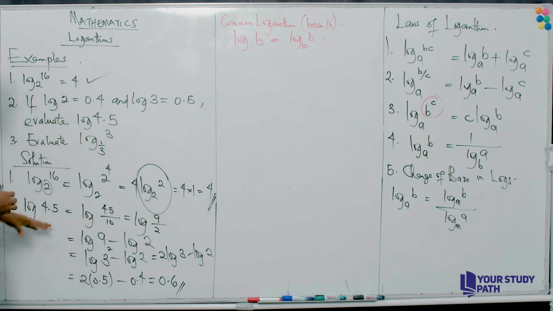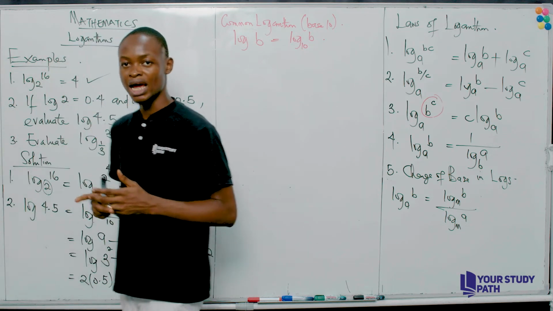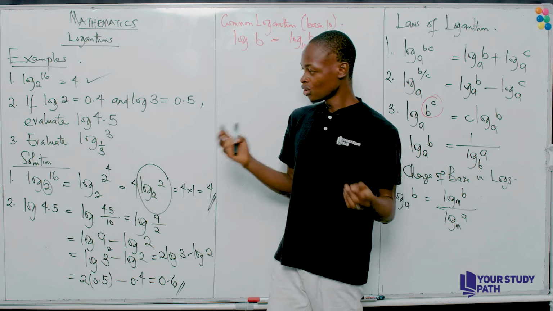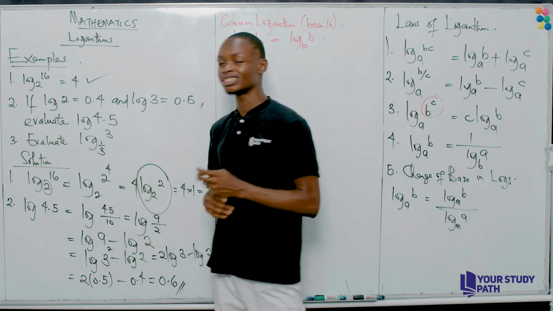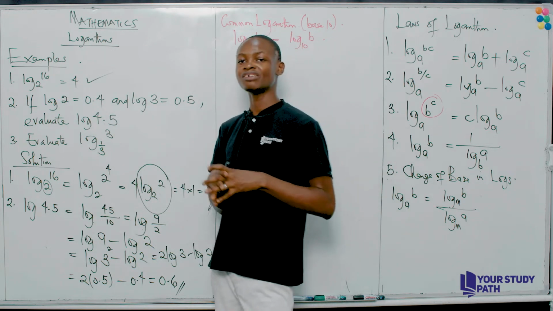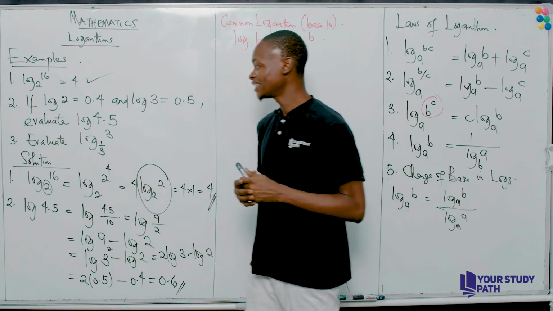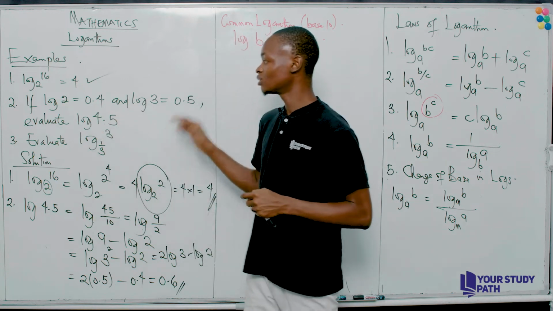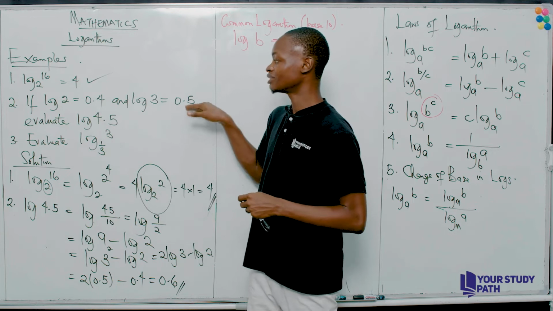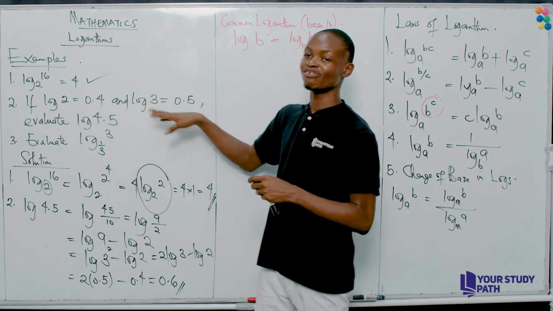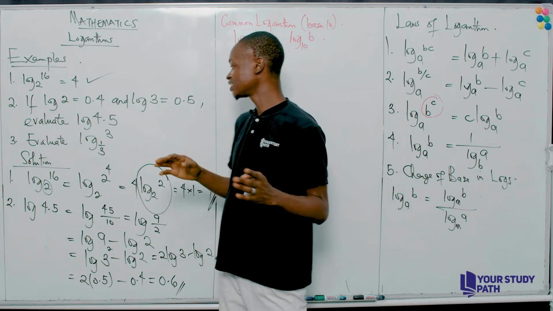Straightforward. So you'll see that the goal of this question is to make you solve these questions without having to rely on a calculator. Of course, if you were to press log 4.5 on the calculator, I'm sure you'll get your answer very, very straightforward. But then, we are asked to solve this question based on these parameters. Log 2 has to be equal to 0.4, regardless of whatever you are thinking it should be.